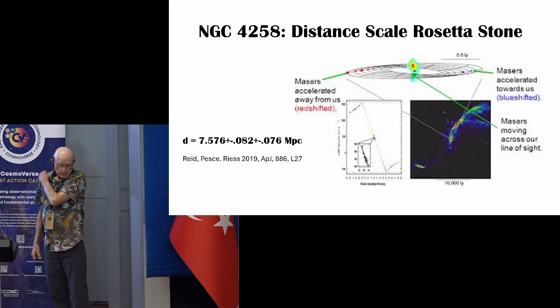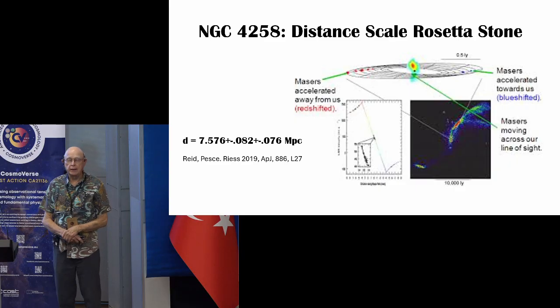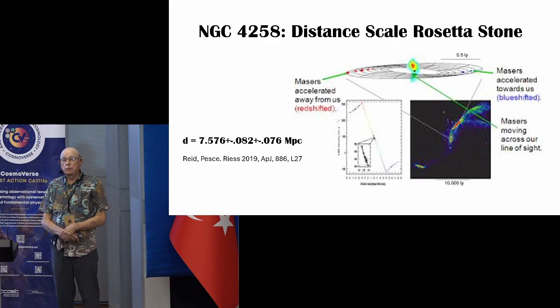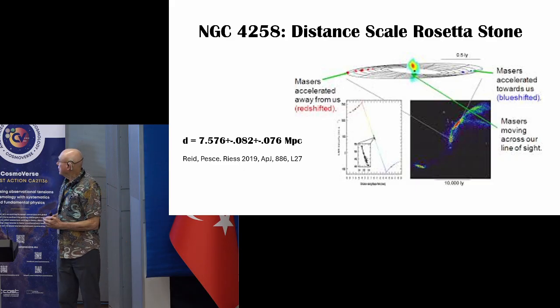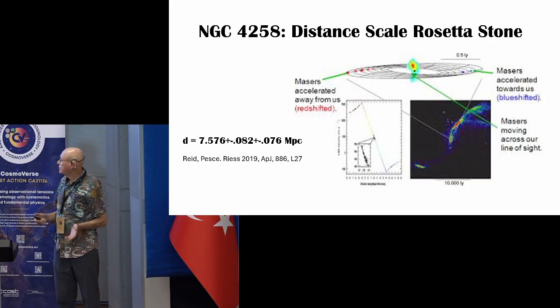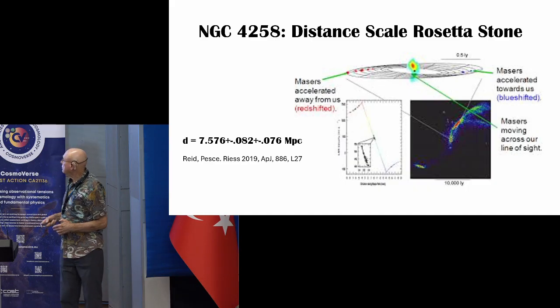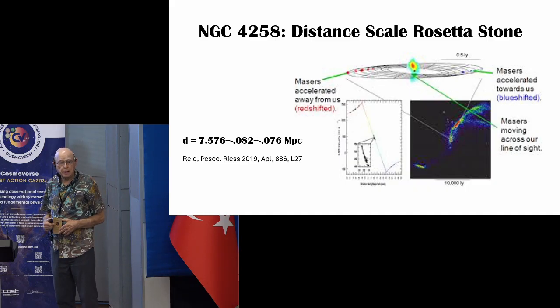Now, another important part of this story is that we will be using NGC 4258 as a zero-point calibration for the present talk. This is a galaxy that has an interesting maser that gives a very precise geometric distance, assuming we really understand this maser situation, but it's an exceptionally good case.